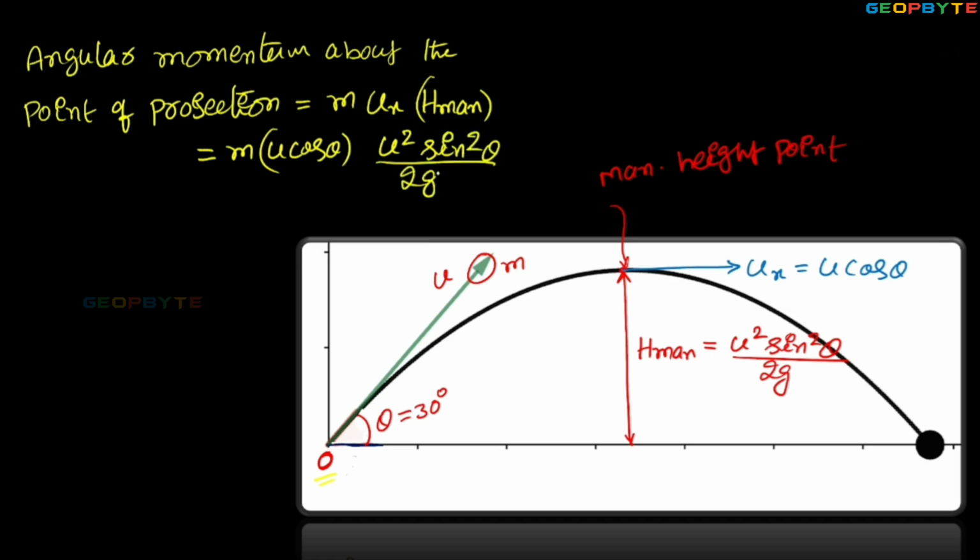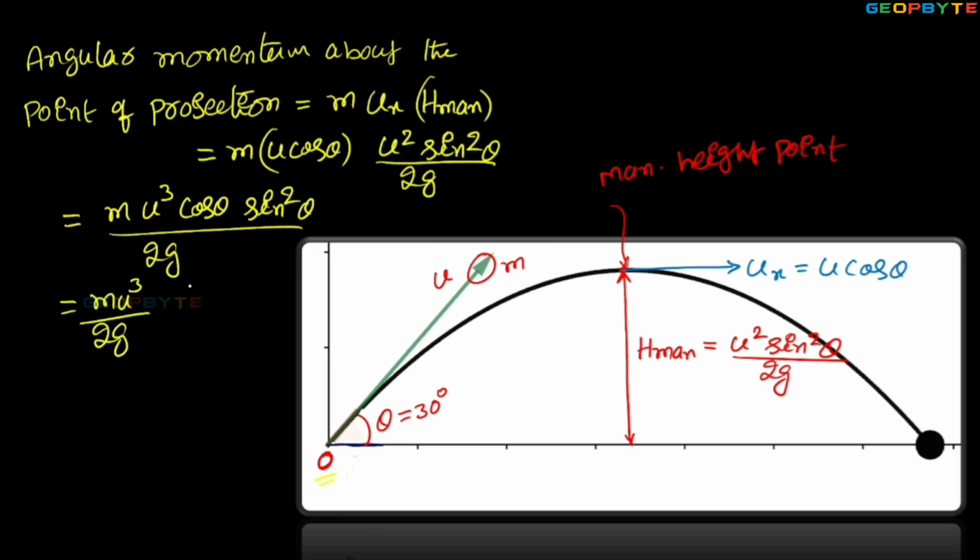You simplify it. It is equal to m into u cube into cos theta into sin square theta by 2g. It is equal to m u cube by 2g, cos 30 degrees into sin square 30 degrees. Simplify it.